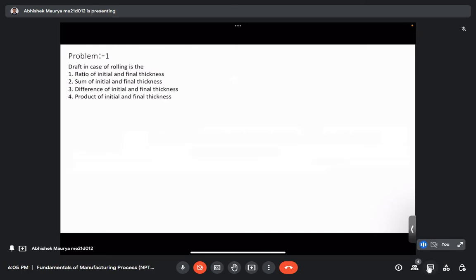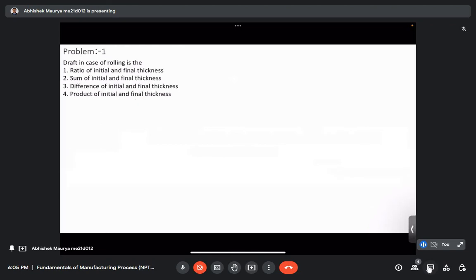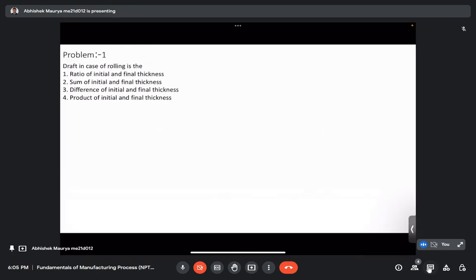So in problem 1, it is being asked about the draft in the rolling process. So I will quickly draw a schematic of the rolling process.